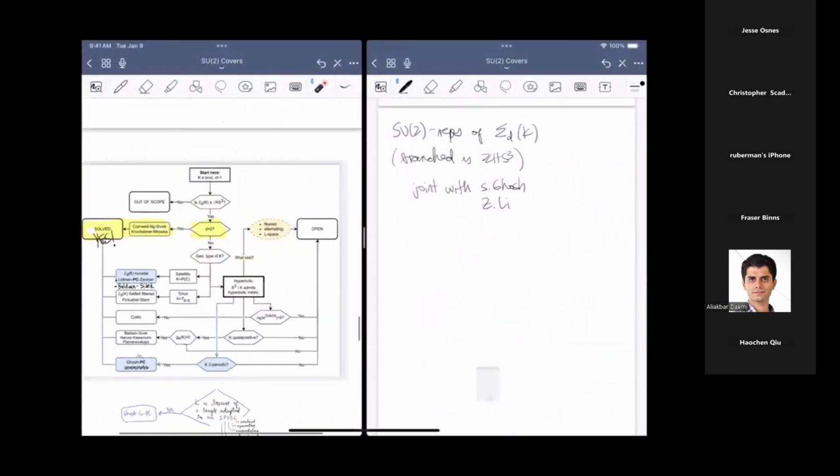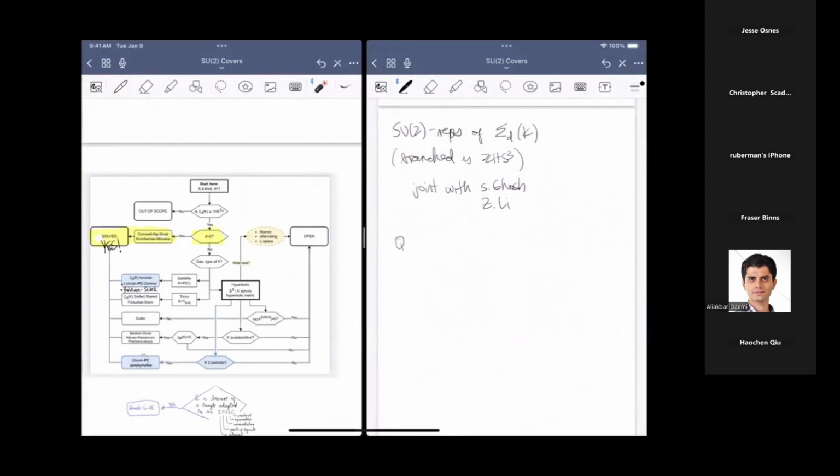In this question of, given Y an integer homology sphere, does there exist an irreducible representation?